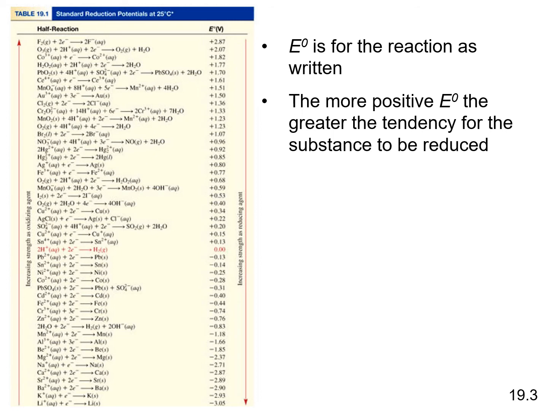So in other words, the more positive, the more likely to be reduced, so a better oxidizing agent. So we have the oxidizing agent on the top here. Okay, so increasing ability. The more negative, meaning the better reducing agent.